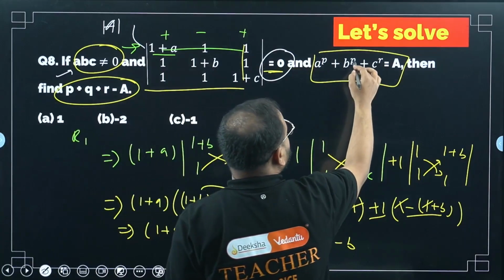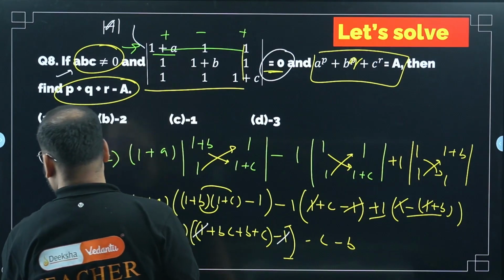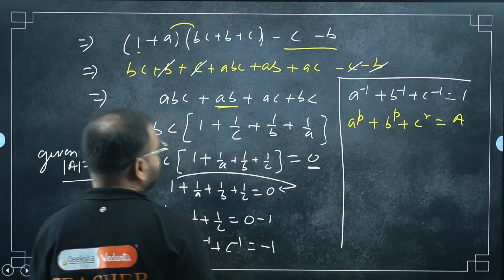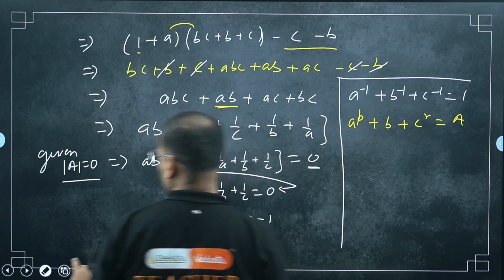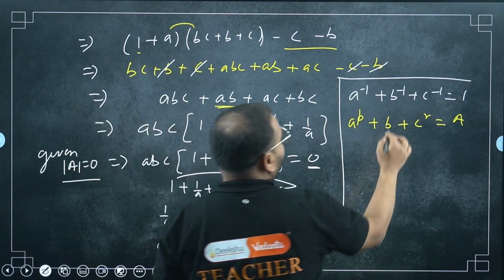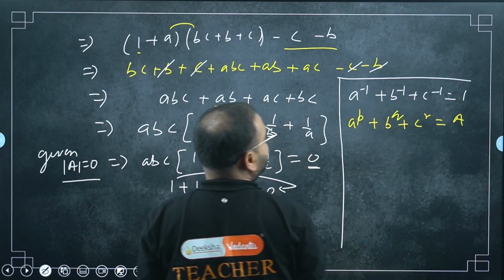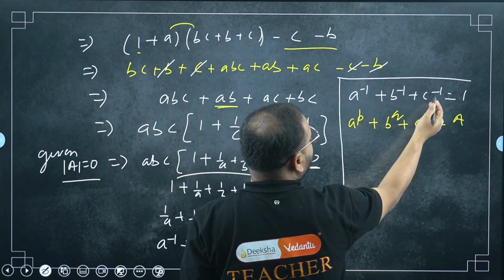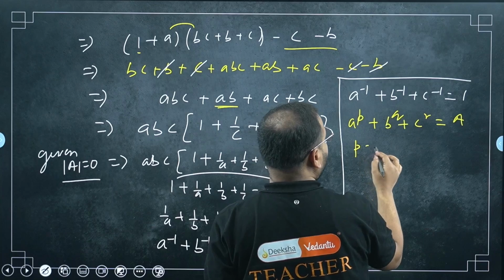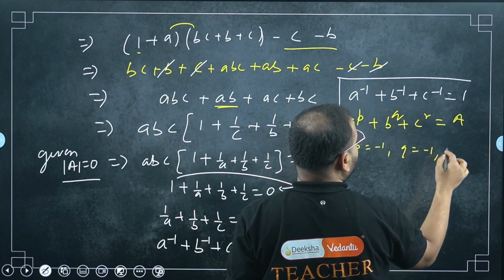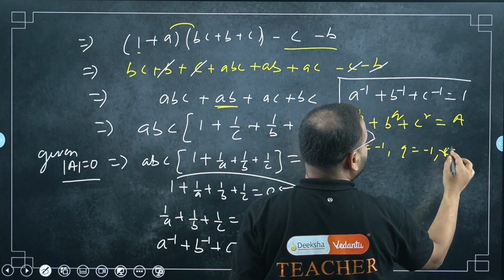This is not P, this is Q, B power Q. If you compare these two, what are you getting? P is -1, Q is -1, and R is -1. So P is also -1, Q is -1, R is also -1.